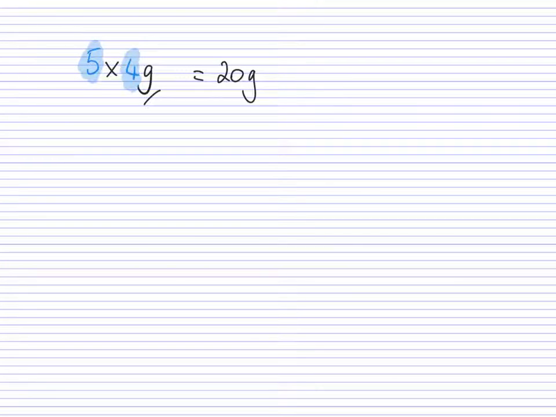Let's go for one that's slightly harder. So we have minus 3d times 6ab times 7. Again, we need to work out what our real numbers are, which in this case is -3, 6, and 7.